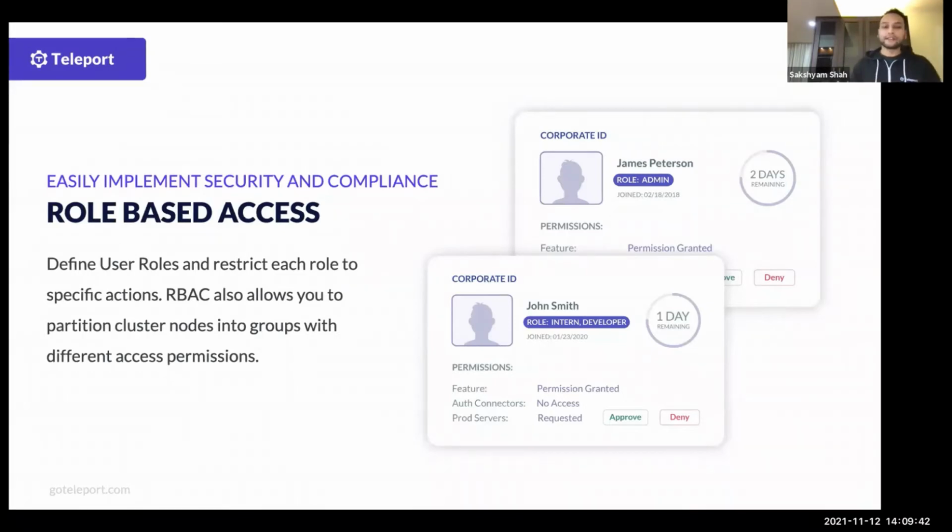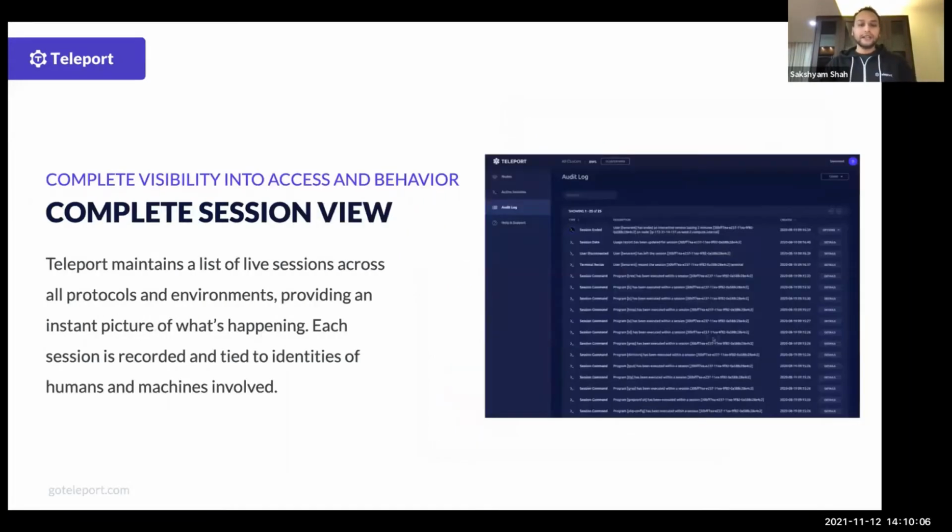And a junior developer might not need root access to production servers. So role-based access control helps you define such boundaries within your infrastructure, such that only the users that are required to access servers or services are actually authorized to access those services.